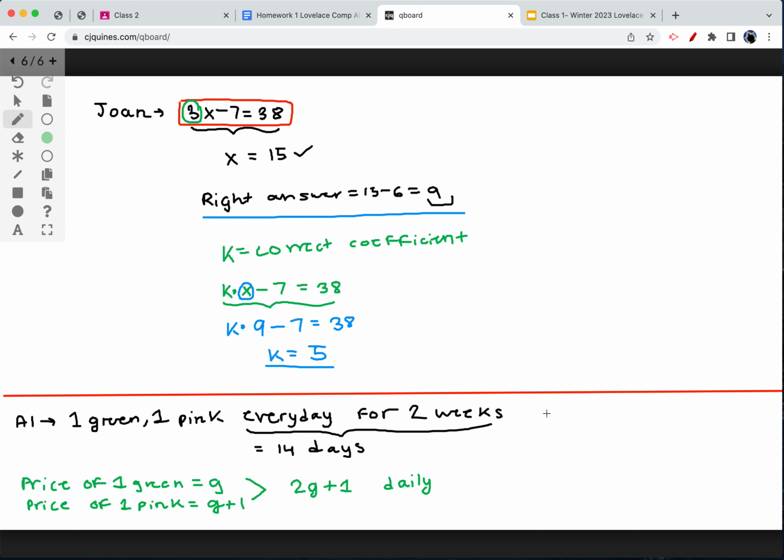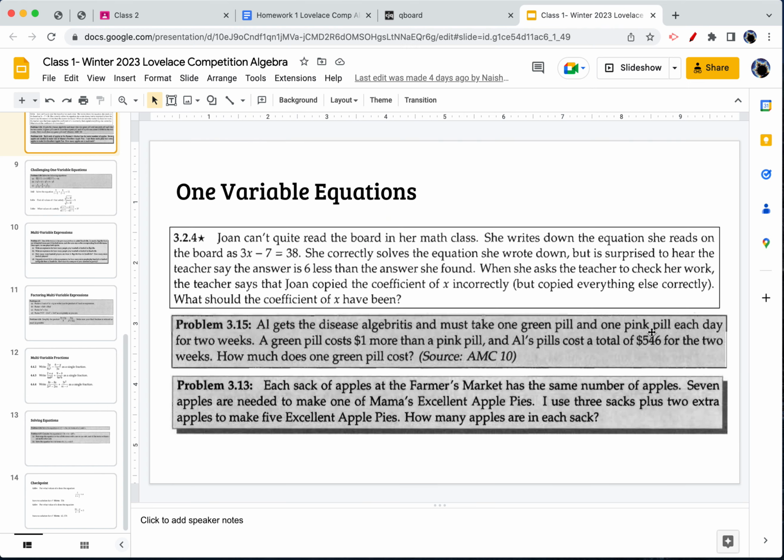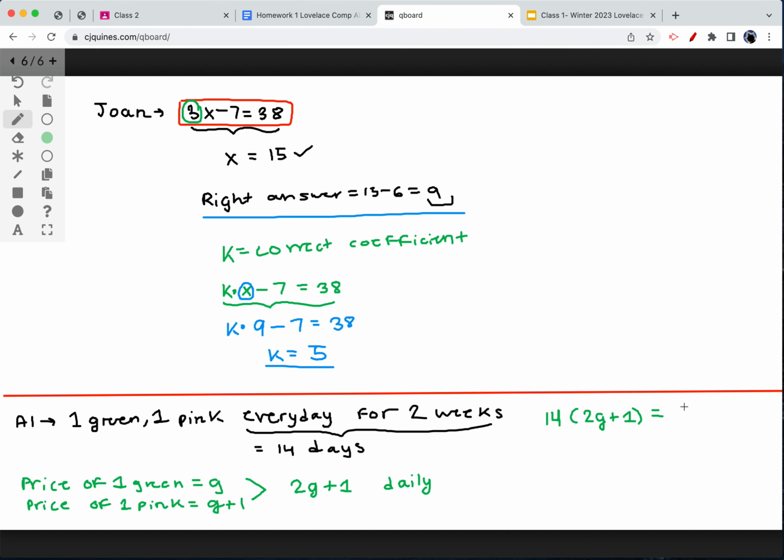So that would mean the total would be 14 times 2G plus 1. But we know that this total cost was 546. So now we have one variable and we could just solve for this. Actually, I'll let you guys solve. And once you get it, you can let me know what you got.